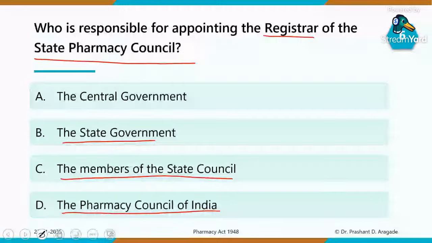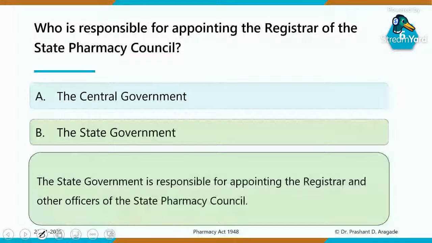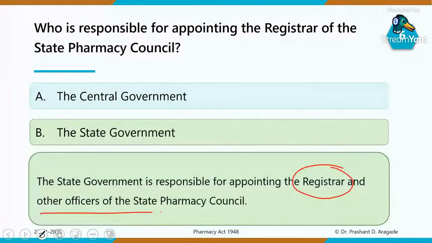The correct option is option B, that is, the state government is the only one with the authority to appoint the registrar and other officers of the State Pharmacy Council office. The central government and PCI do not have any role in appointing officials in the State Pharmacy Council.